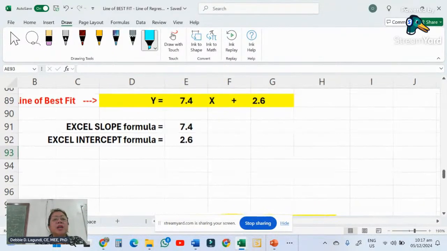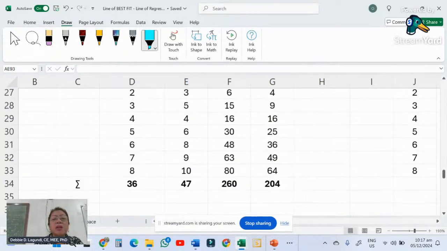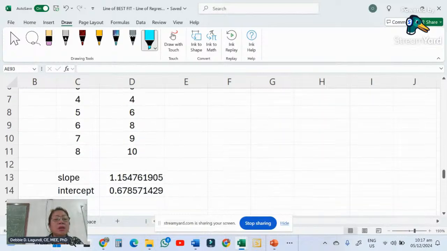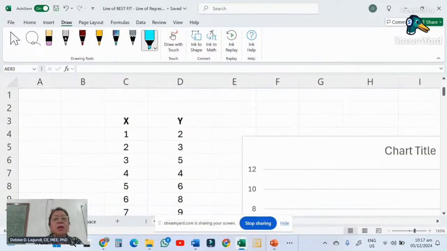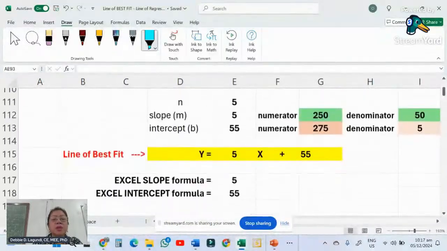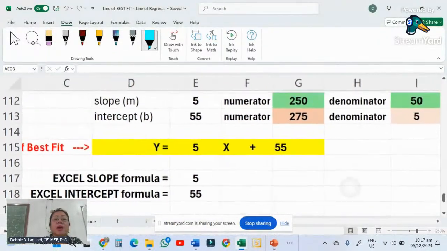One way of doing it is you can use the slope formula of Excel. Let me see if I have here, sorry for disturbing. Not this one. No, not this one either. Hang on. I think I don't have the example here. Oh, here. Thank you. Right.